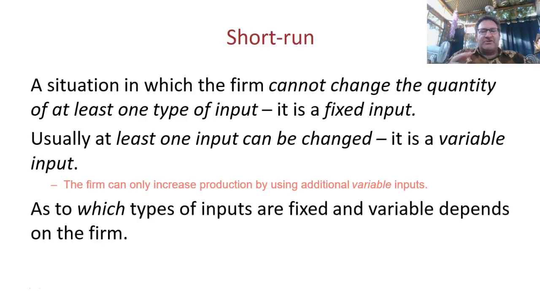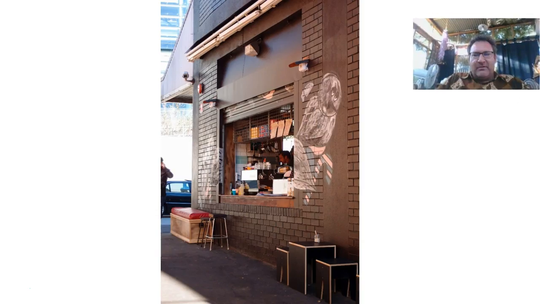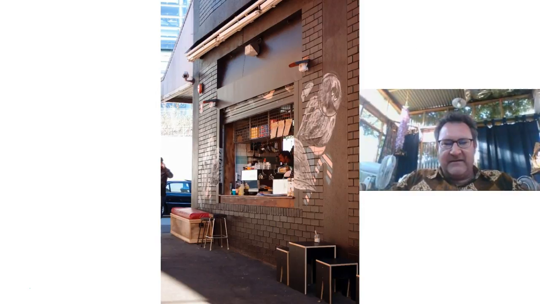As to which types of inputs are classified as fixed and which are classified as variable actually depends on the type of firm that you're looking at, or more broadly, the industry that you're looking at, assuming the firms in that industry are all roughly the same. So, for example, let's take this case here. This is what we might call a hole-in-the-wall cafe that's in Parramatta. So, what are the fixed and variable inputs for this cafe in the short run?